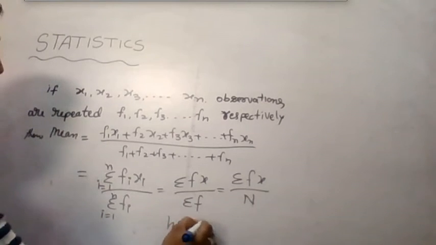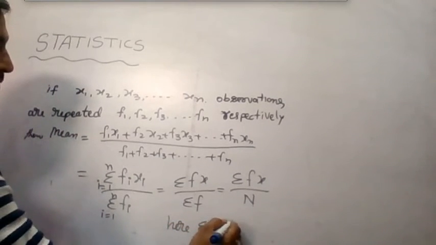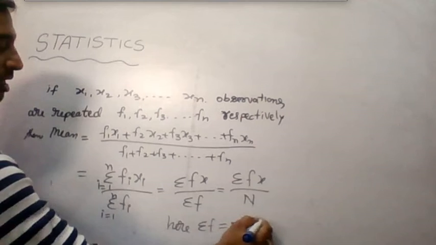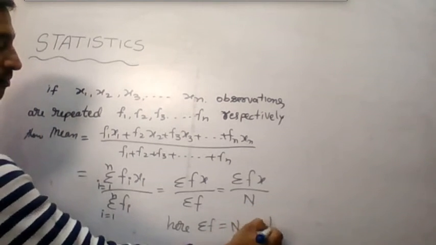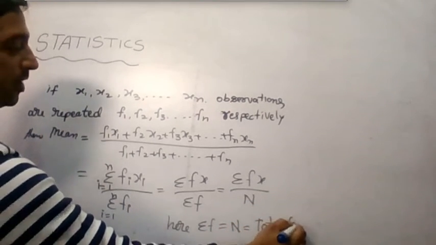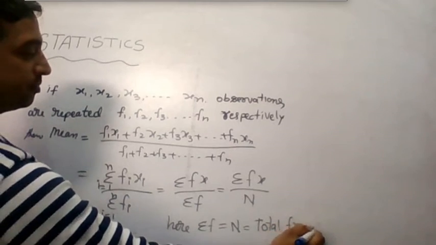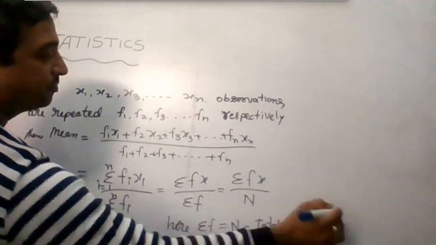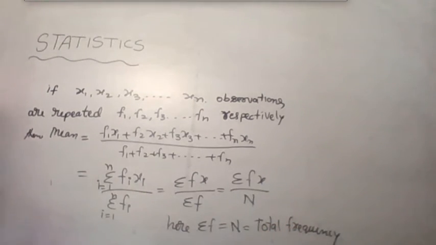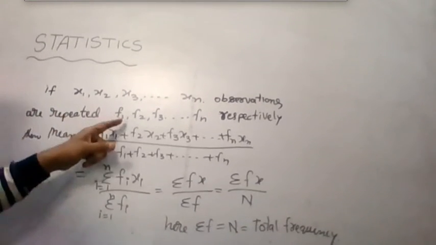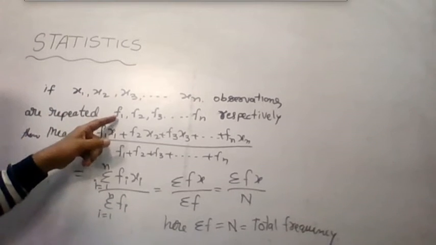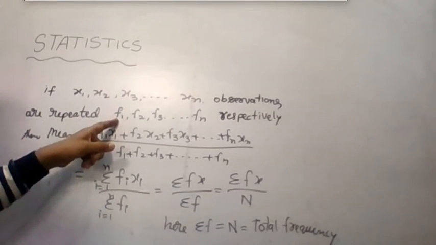So here sigma f is equal to n, that is the total frequency. Frequency means what? The number of times x1 repeated is f1 times.